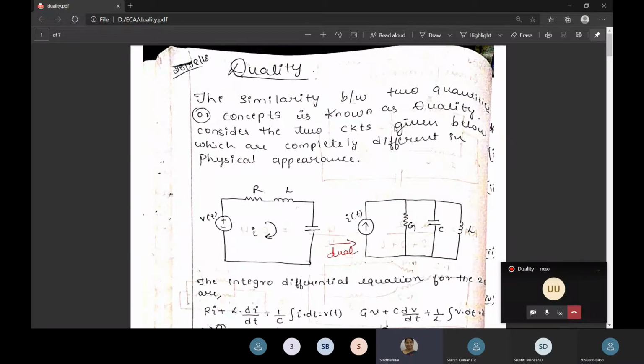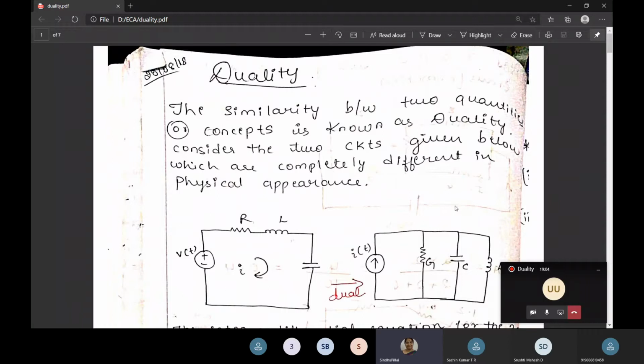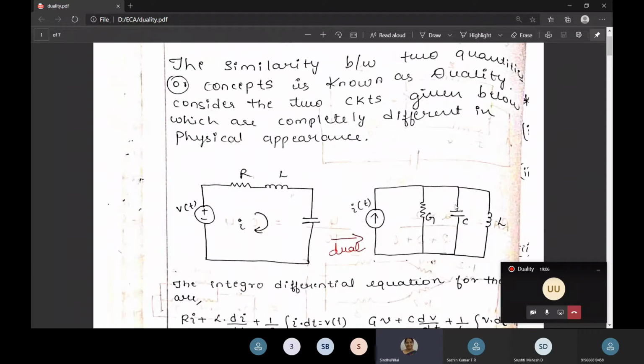To know what is duality, we'll go with an example with a circuit. Consider two circuits given below which are completely different in physical appearance. So we have a voltage source, and in series we have a resistor, inductor and capacitor.